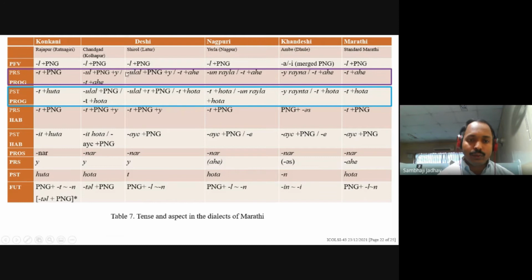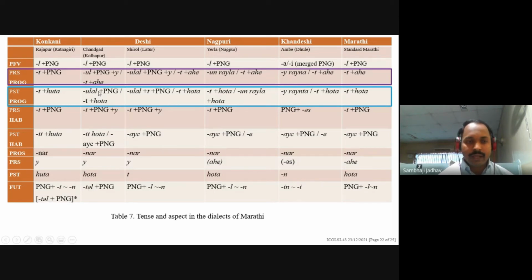Additionally, these Ul or Ulal constructions are also coming, and this will be analyzed further in my study. But right now, the rich variations within the dialects are very interesting in nature.